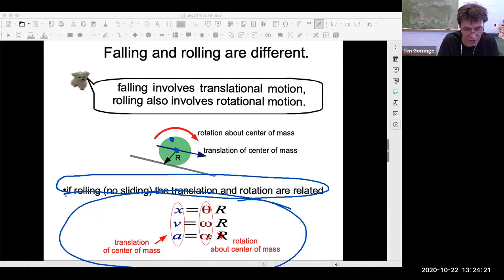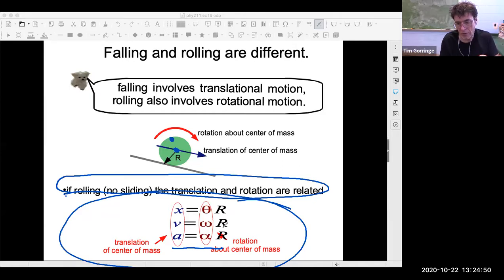And if this blueberry and donut and cookie are rolling down the incline, those rotational and translational kinematic quantities are related in this way here. They're related through the radius of the rotating blueberry, donut, or cookie. That's what the R is here. And so that connects together.